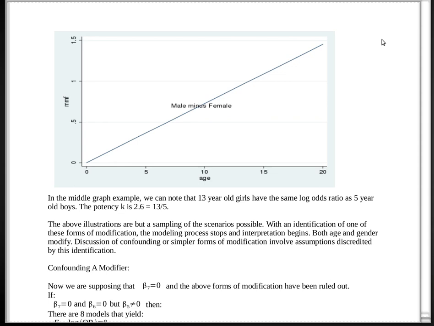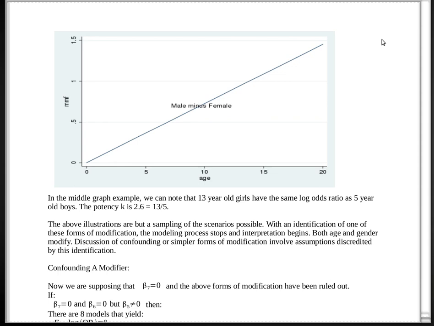But I wanted to emphasize that what we now know is that both age and gender modify when we know that beta 7 is not 0. And what we then know is that age modification is modified by gender and vice versa.